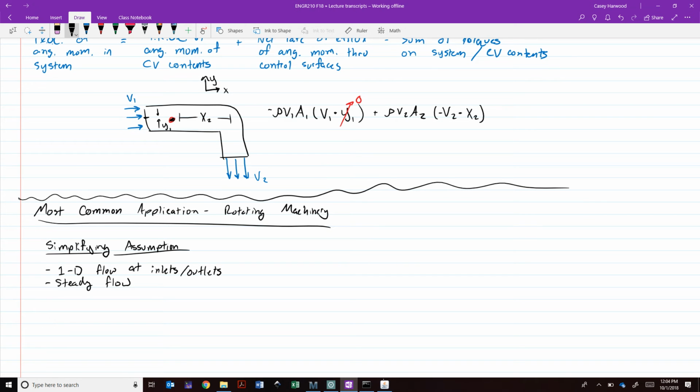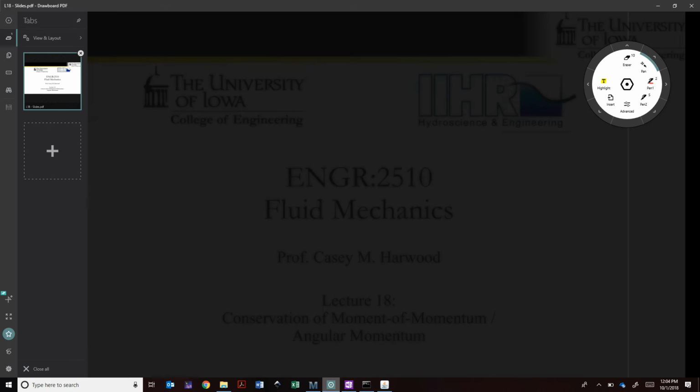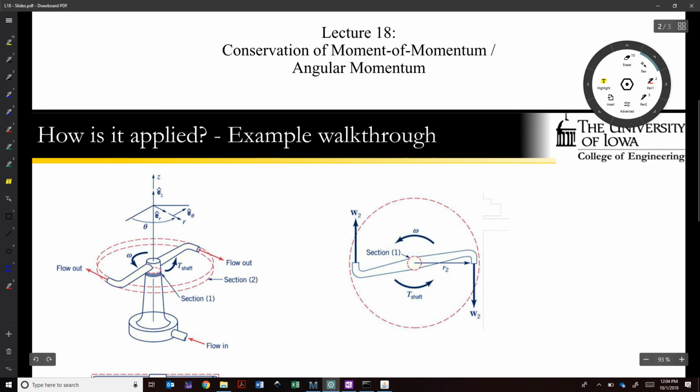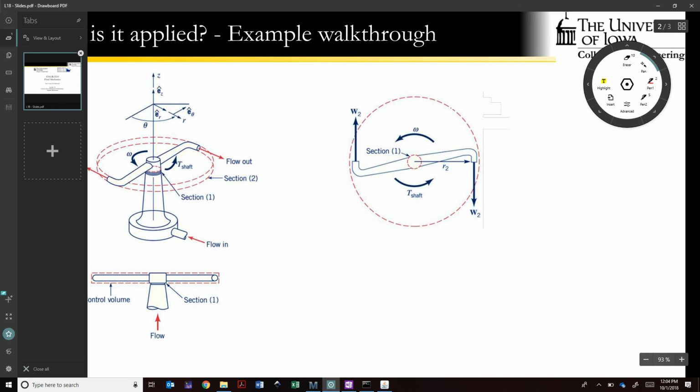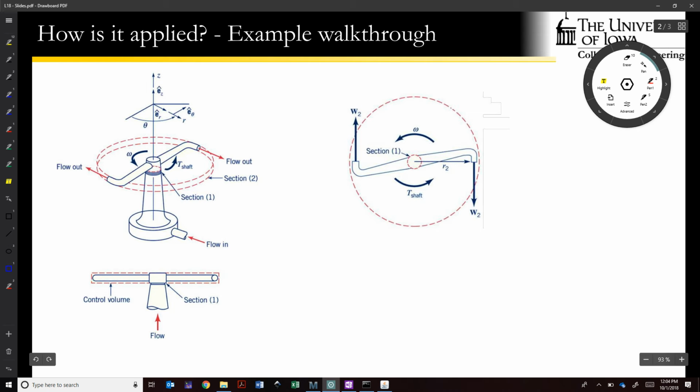So consider, I've got a slide here. An example here shows a rotating sprinkler head where we've got flow entering down here. It moves up, out, and it gets directed outward.